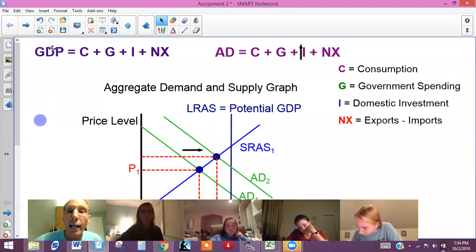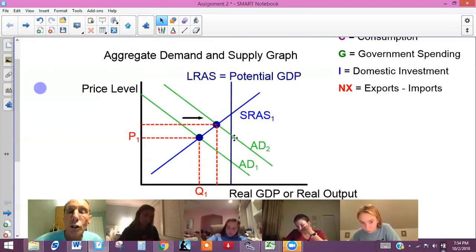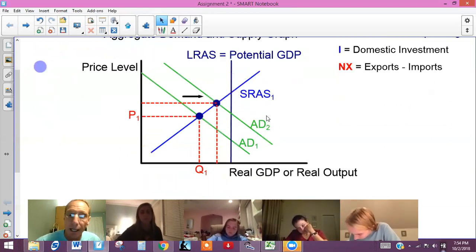Aggregate demand and overall GDP output are synonymous here. So when any part of this goes up, in this case, domestic investment, aggregate demand is going to go up. So you can, if you want to, show another shift out in the aggregate demand, or just say that aggregate demand is going to increase, and the aggregate demand curve is going to shift out some more.